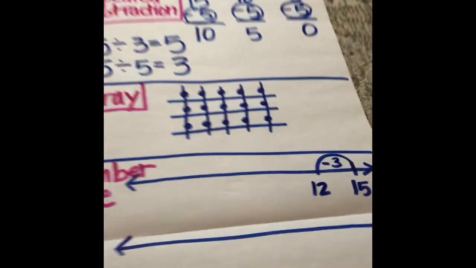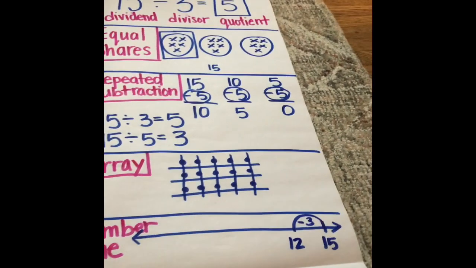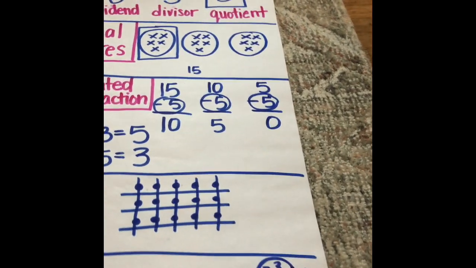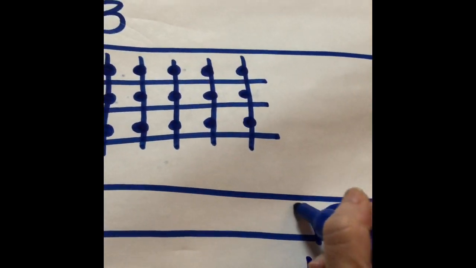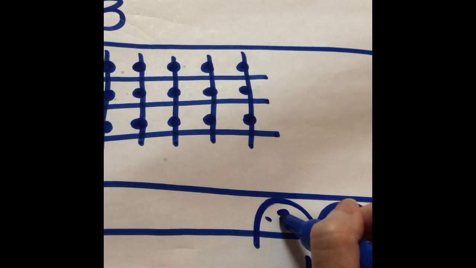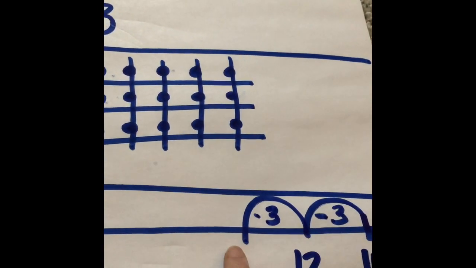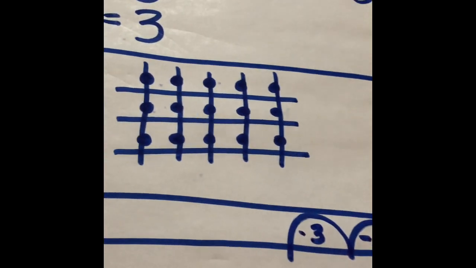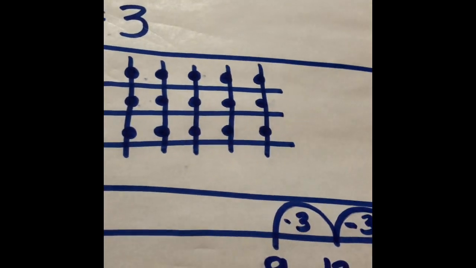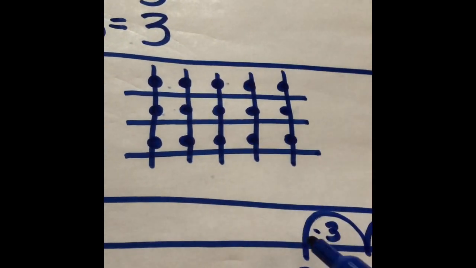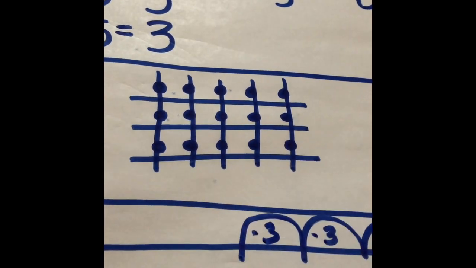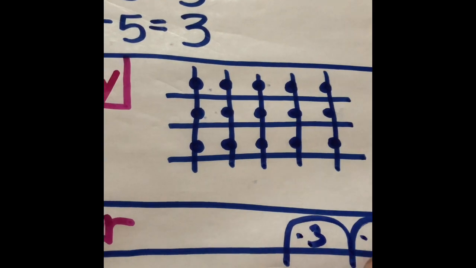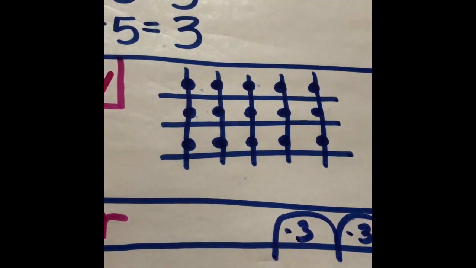And I know that I need to keep going, just like I did with repeated subtraction, until I get to 0. So now I'm going to do another hop backwards, another minus 3. 12 minus 3 is, that's right, it's 9. So I need to keep going. Another hop going backwards, minus 3. 9 minus 3 is 6.